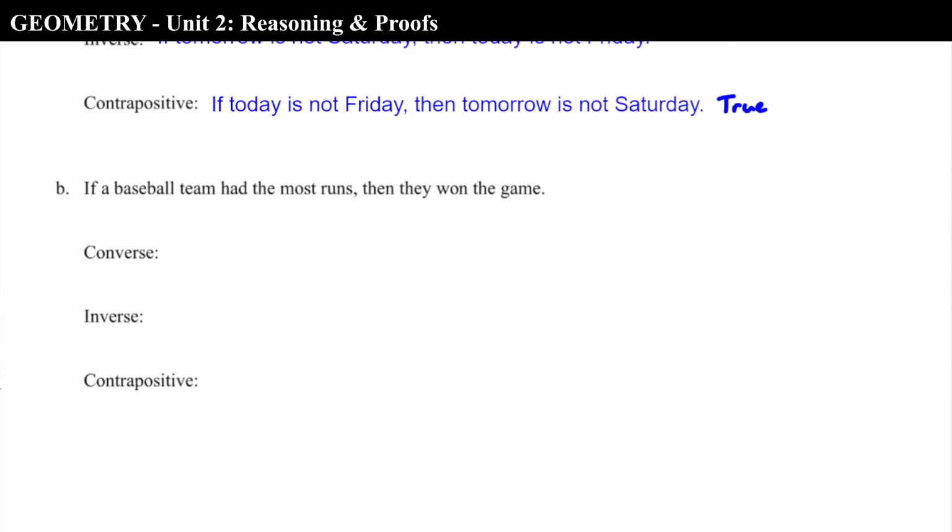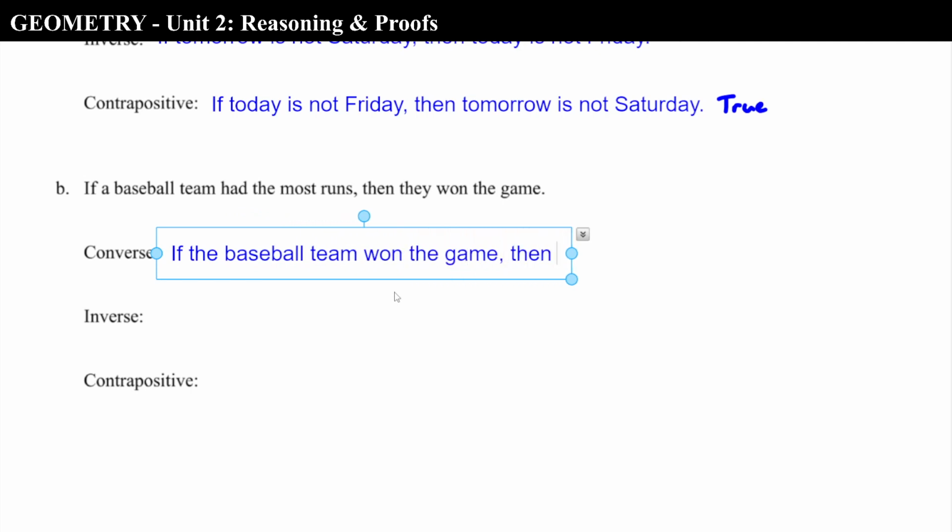Let's look at one last example. So first, let's write our conditionals. If a baseball team had the most runs, then they won the game. The converse of that, we flip it. If the baseball team won the game, then they had the most runs. The inverse, we put our nots in.